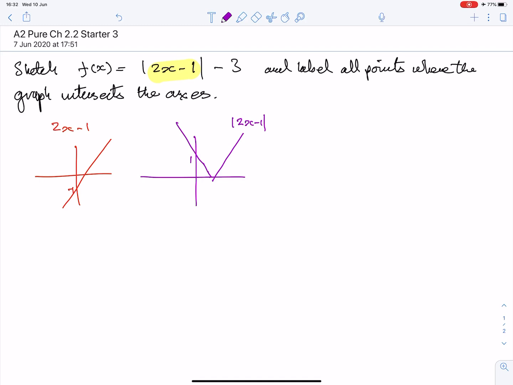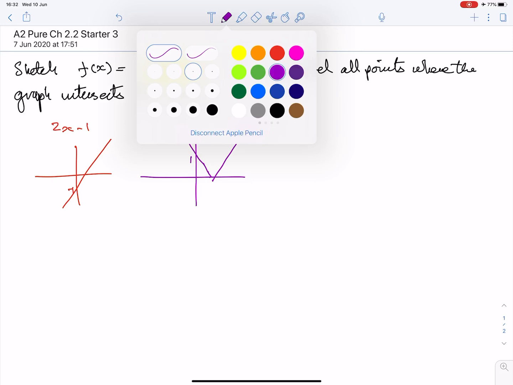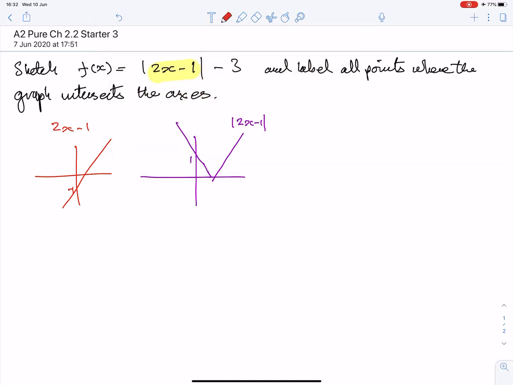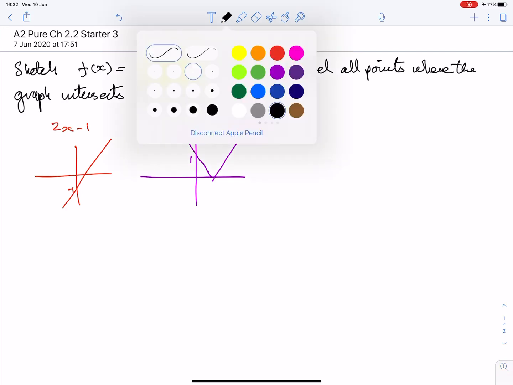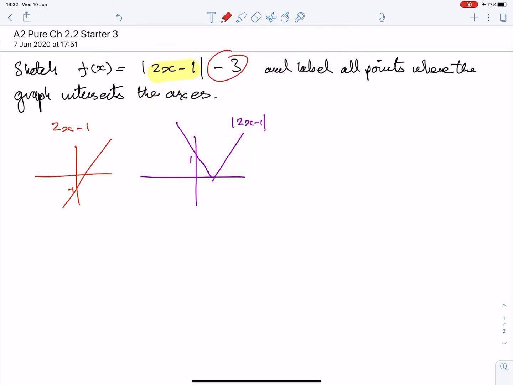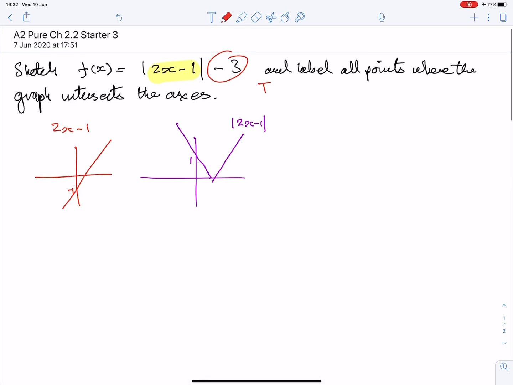And now, lastly, my answer. I know that the minus 3 is a transformation 3 downwards.